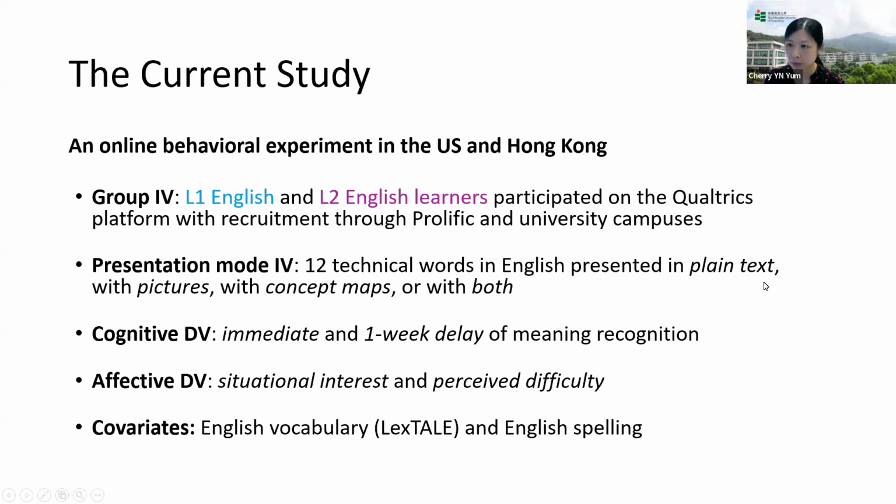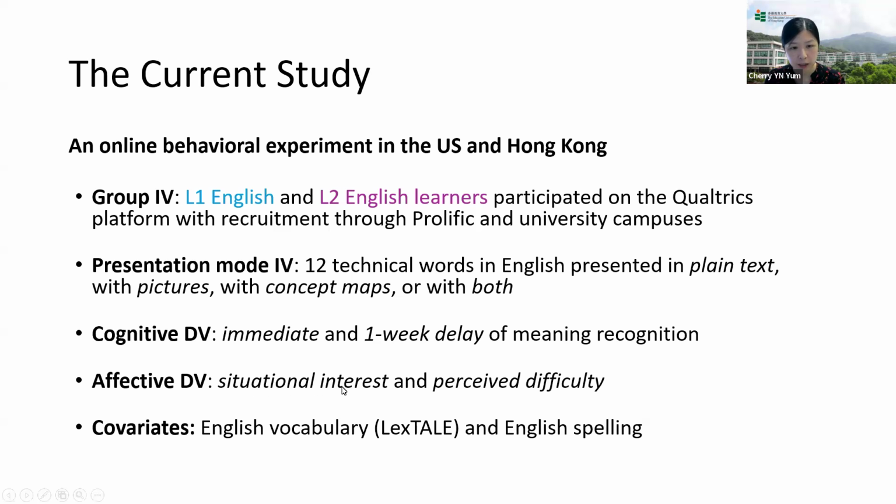The learning was done through a passage. We'll see an example very soon. But also to mention the dependent variables of the study. First, for the cognitive DV, we measure the immediate meaning recognition performance, and also the same test, but with a 1-week delay.